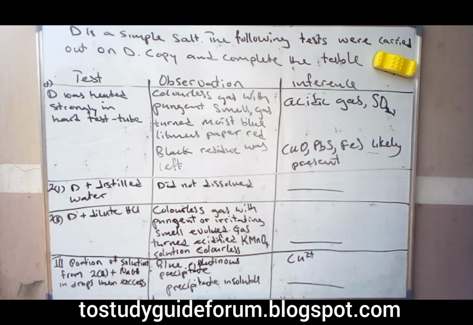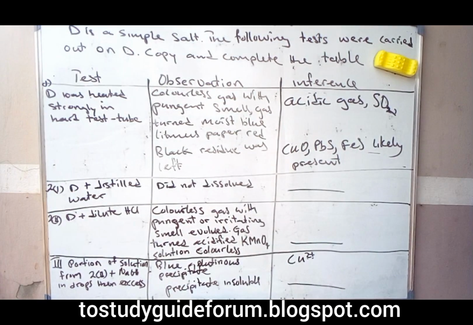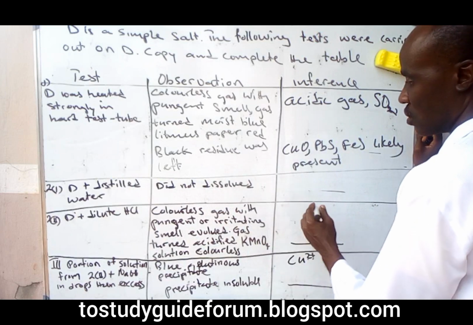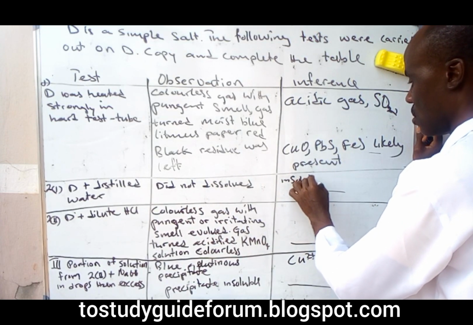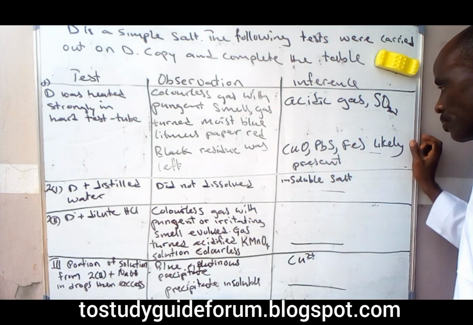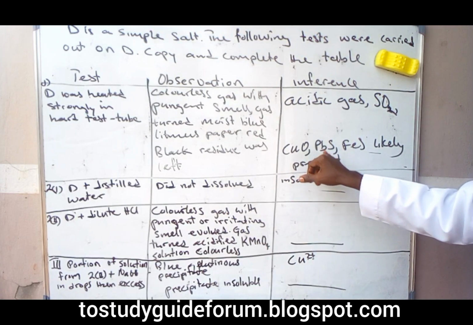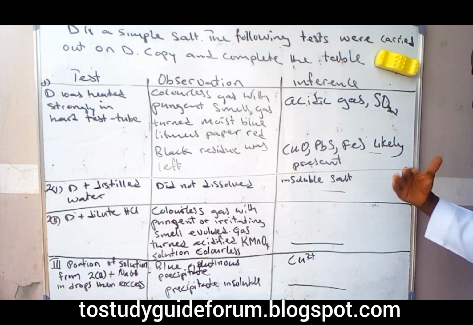For the next one, we add distilled water. We find out that it is insoluble, that is, it did not dissolve, meaning an insoluble salt. Iron sulfide is insoluble, lead sulfide is insoluble, copper oxide is insoluble, so it is likely to be any of them.